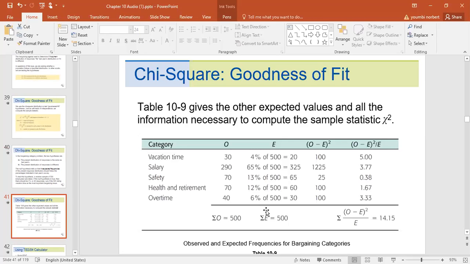If you are done, you go to stat, test, chi-square goodness of fit test, not chi-square test. When you are done, let me know. So you enter observed in L1, expected in L2, and you go to the goodness of fit test.